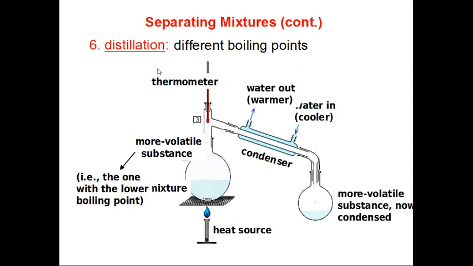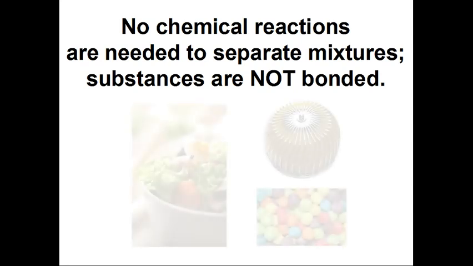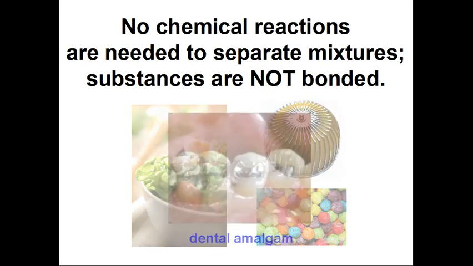So if you have a salt water mixture, you can boil the water, collect what condenses off, you'll have water over here, and you'll have just salt left over here. Now, these have nothing to do with chemical reactions, so you don't need chemical reactions to separate the mixtures. These substances are not bonded, so you can separate them out. Most of these you just separate out by sorting. But another example is dental amalgam.